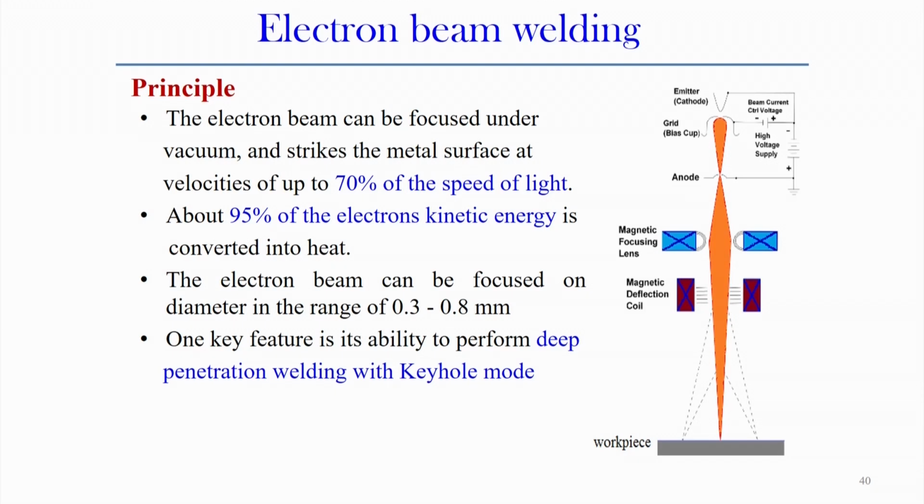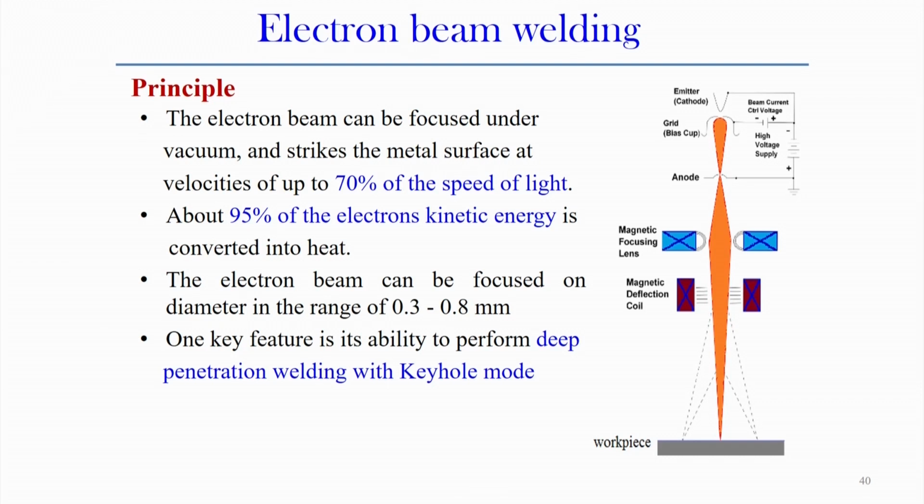So, in that sense the fusion efficiency of this process is relatively high. Compared to the laser welding process, this is another advantage, the efficiency of this process is relatively more. Then the electron beam can be focused to a diameter in the range of maybe 0.3 to 0.8 millimeter, that means 300 micrometers to 800 micrometers.